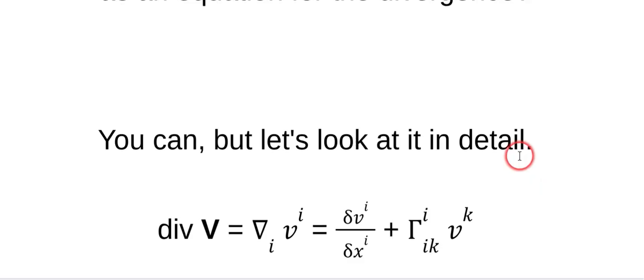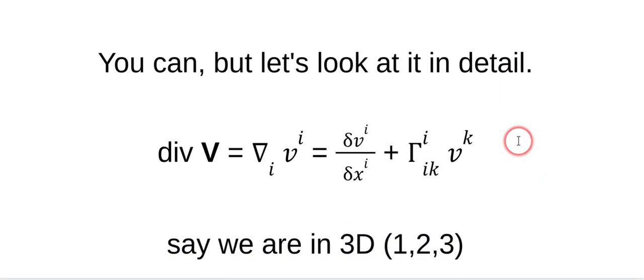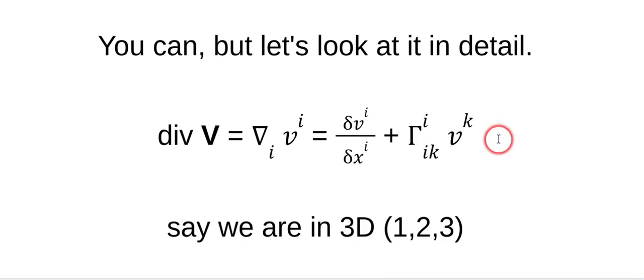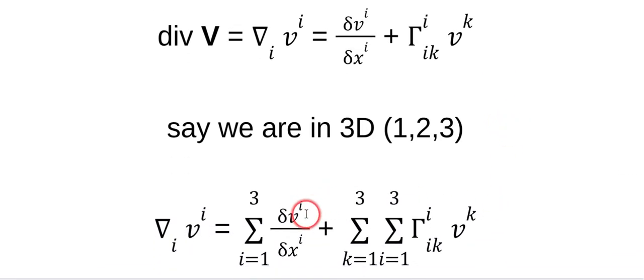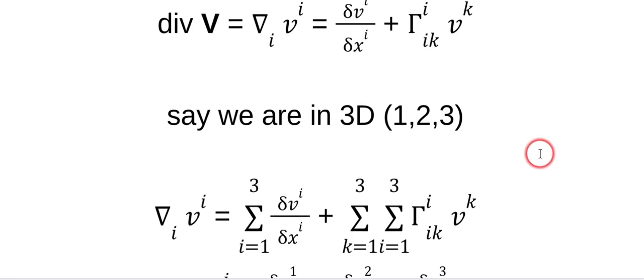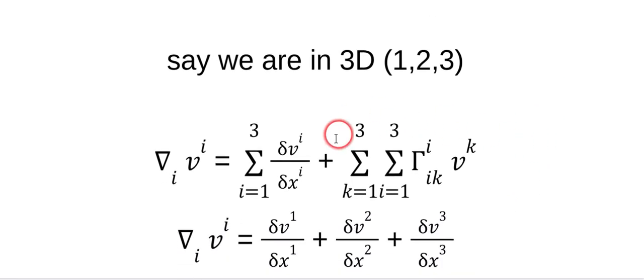Okay, what does that mean? Let's look at it in detail. Let's say we're in 3 dimensions, so we're going to have 1, 2, 3 as our coordinates. We're summing this from i equals 1 to 3, and we're double summing from k equals 1 to 3. All right, so let's bust this out. The first case is easy: it's just i equal to 1, and then 2, and then 3.